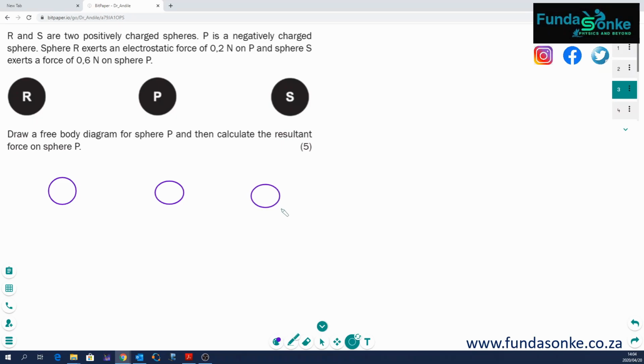My circles may not be as symmetric as one would want them to be.